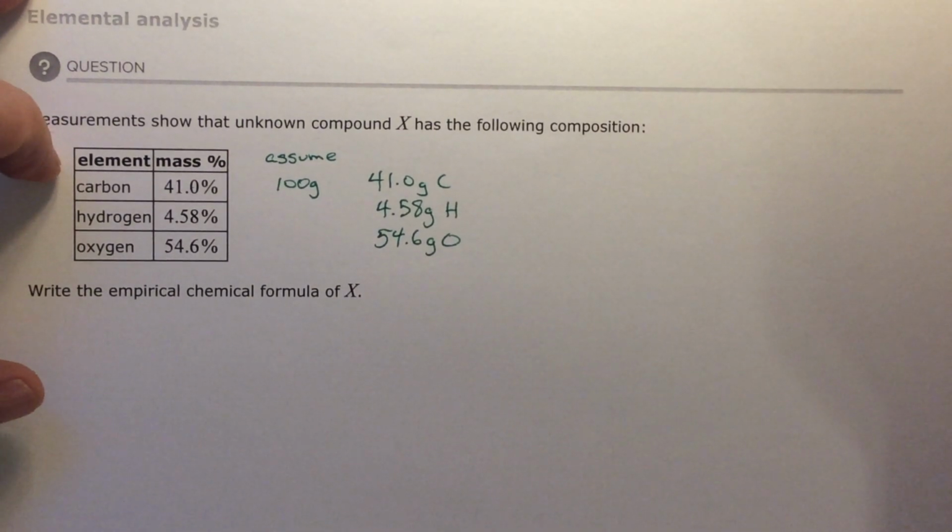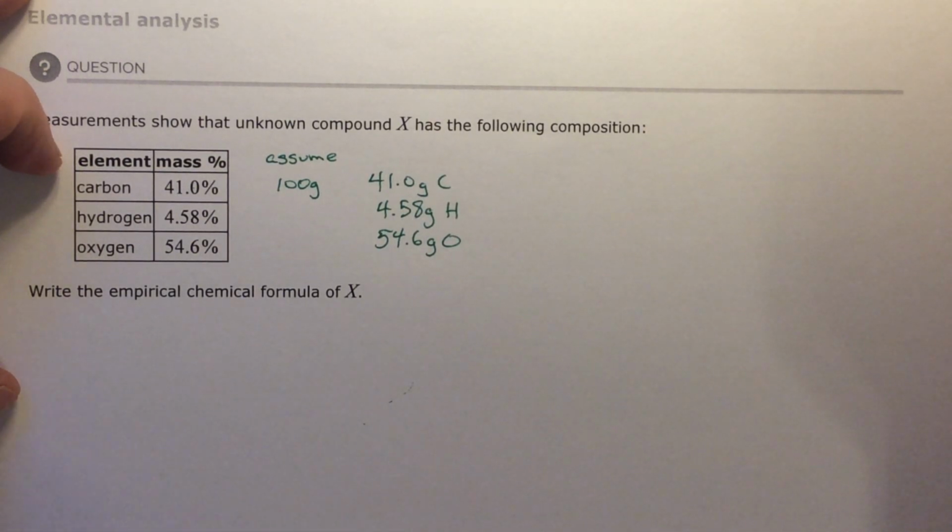Now, grams doesn't really help me, because if I want a formula, say I have NaCl 1:1, if I knew that sodium was 23 grams and chlorine was 35 grams, knowing how many grams I've got won't help me at all. I want a number. And if I could have a number, then I would be able to say, oh, that's 2 to 3 or 1 to 2, and I'd be able to get a formula.